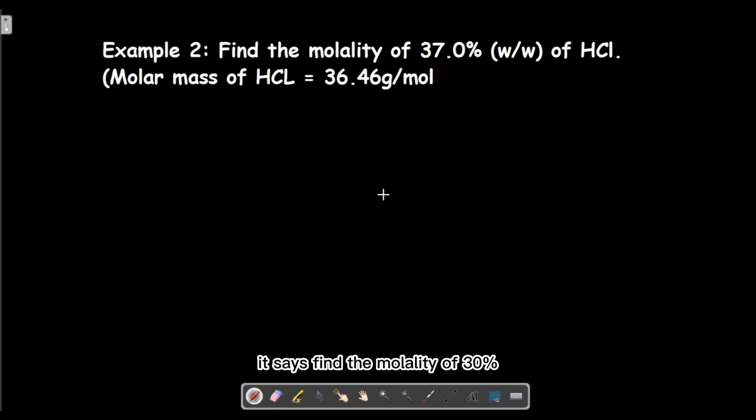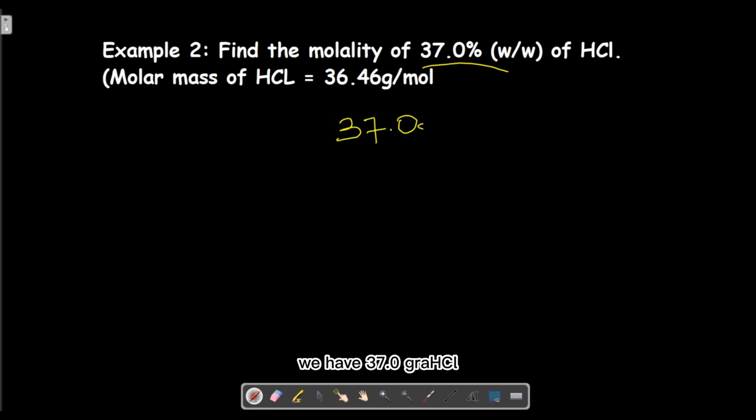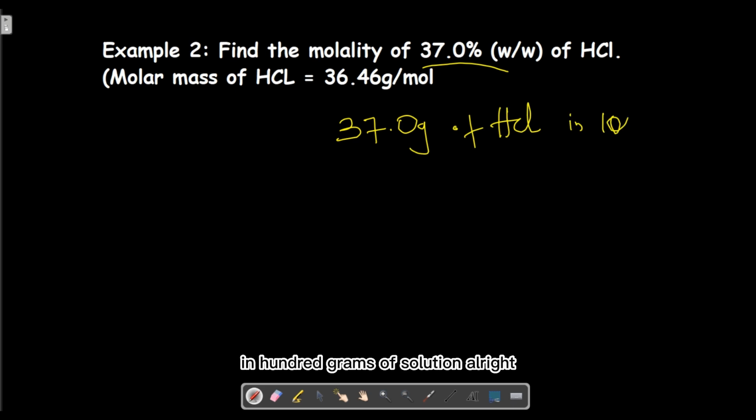It says find the molality of 37% hydrochloric acid. Now, the molar mass of hydrochloric acid is 36.46 grams per mole. Now, one thing you need to take note of is this. Here, we have a concentration expressed in percentage, 37.0% weight by weight. What this means is that we have 37.0 grams of HCl in 100 grams of solution.